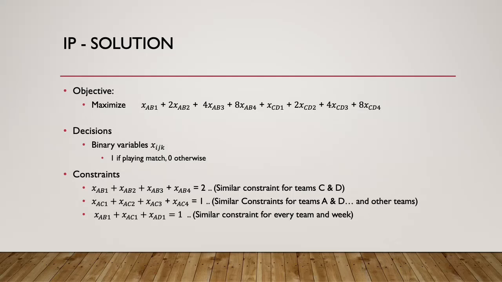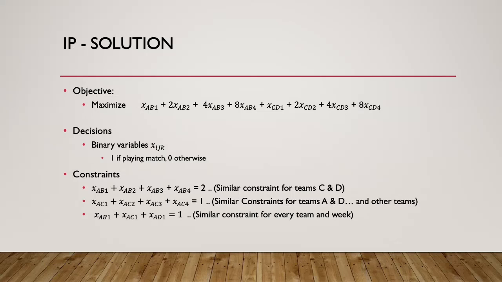And the third constraint is they should play only once in each slot. So if team A is playing in the first slot, then they should not play in the other 2 slots. That means team AC and team AD are going to be 0.